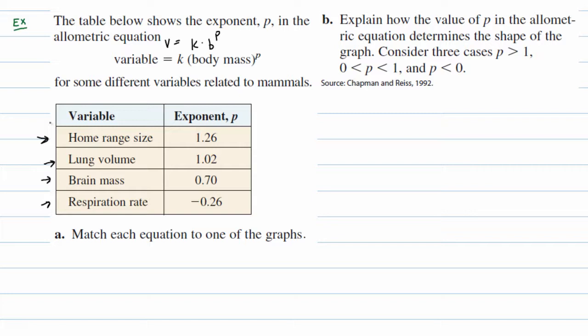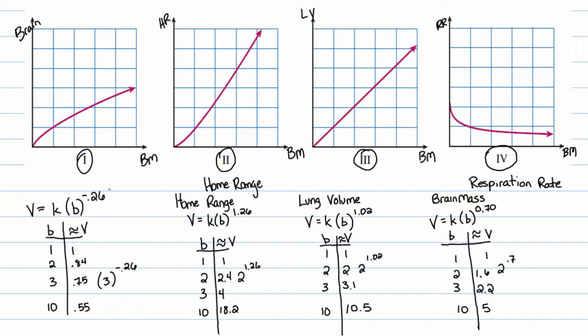Now the part B of this: explain how the value of p in the allometric equation determines the shape of the graph. Consider 3 cases. P is greater than 1, p is between 0 and 1, and p is negative. Well, this p being negative, let's start with that one. If you go back to our graph here, the power being negative was related to the respiration rate.